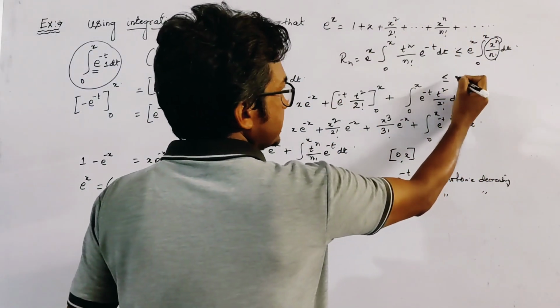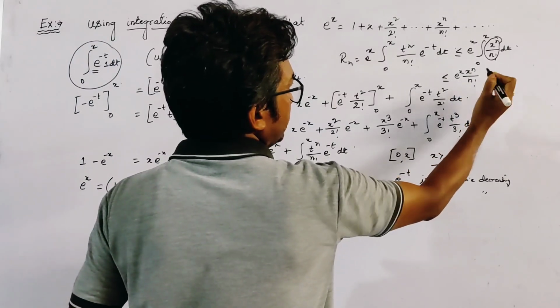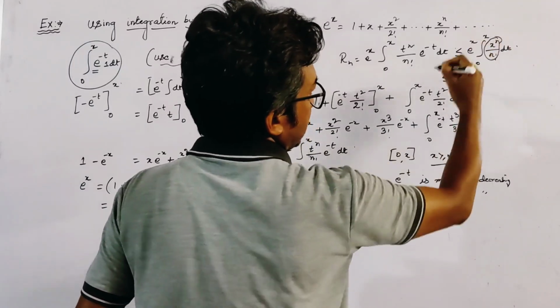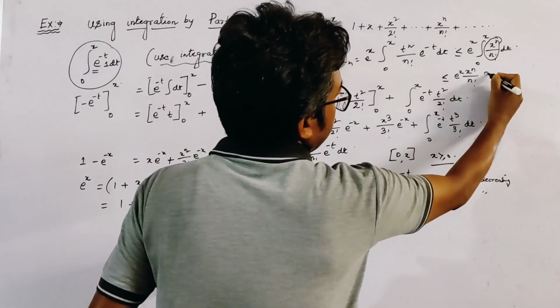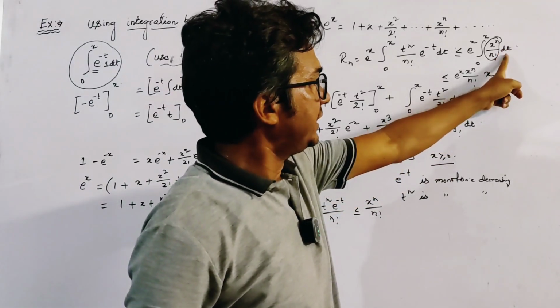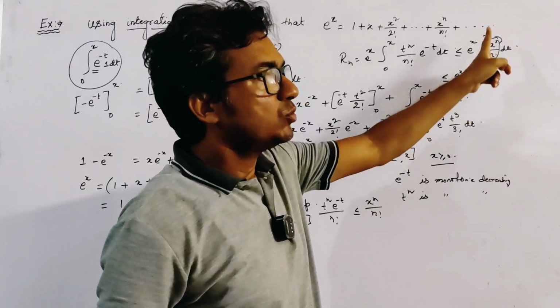So we get e to the power x times x to the power n by n factorial into, if we integrate this term, we get another x here, because the integration of dt is t and the range is 0 to x.